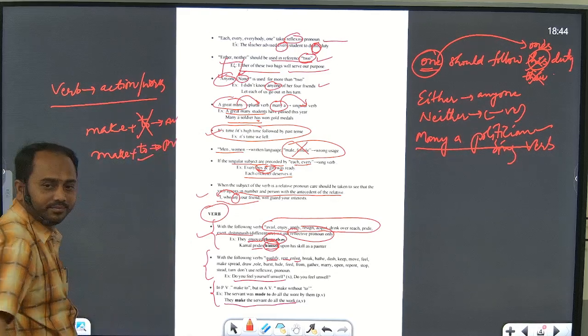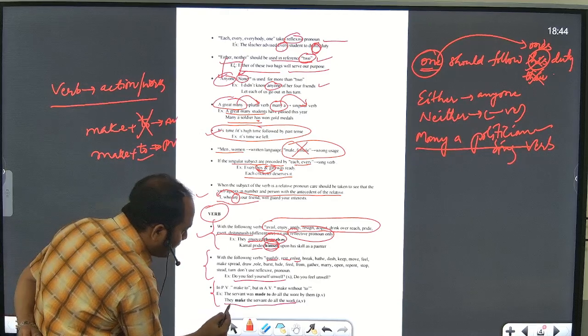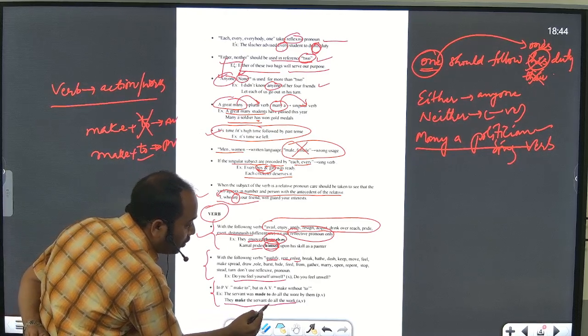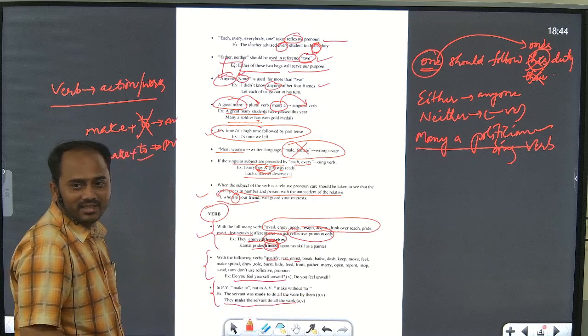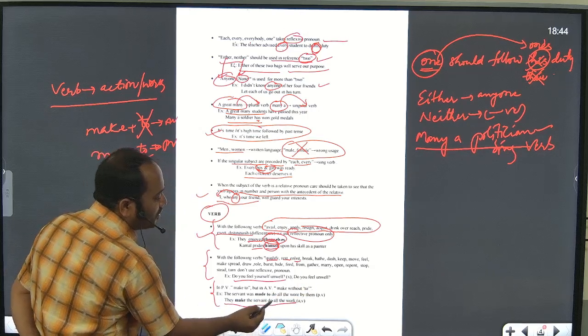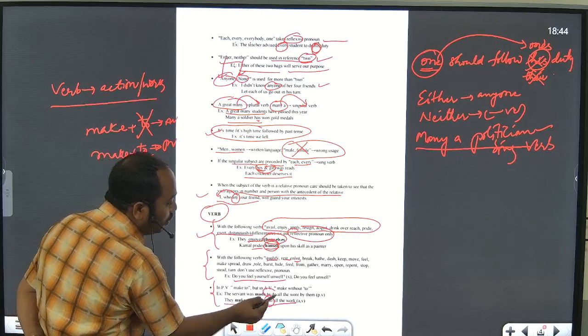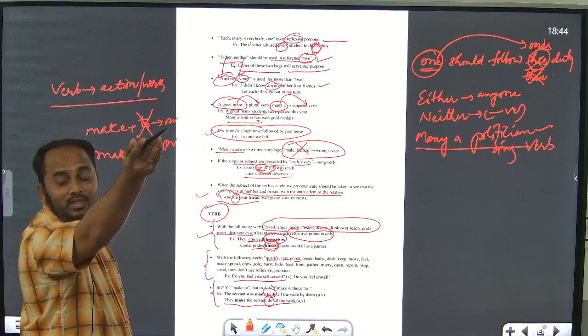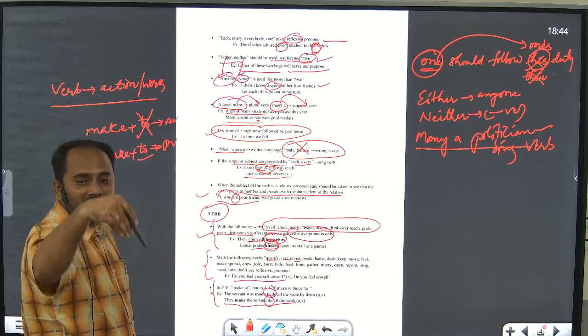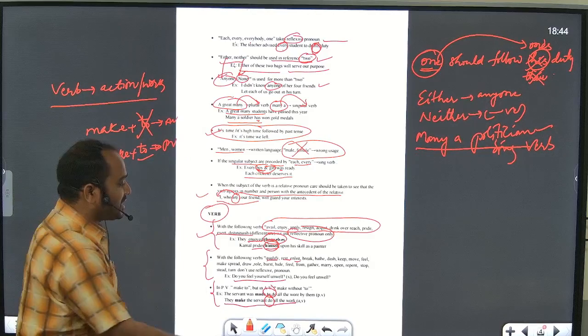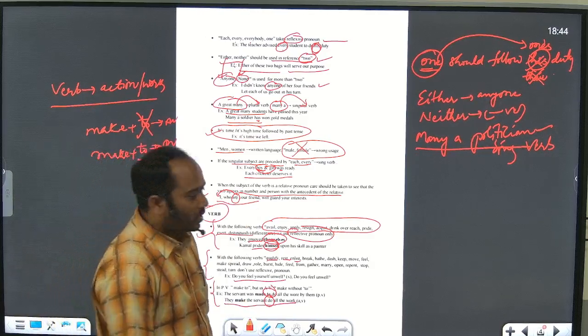This is okay. Generally we say "they make the servant to do all the works," but as it is active voice we should not use "to do." But "The servant was made to do by someone," as "by someone" is mentioned, that's the reason we are using "to do" here. Okay.